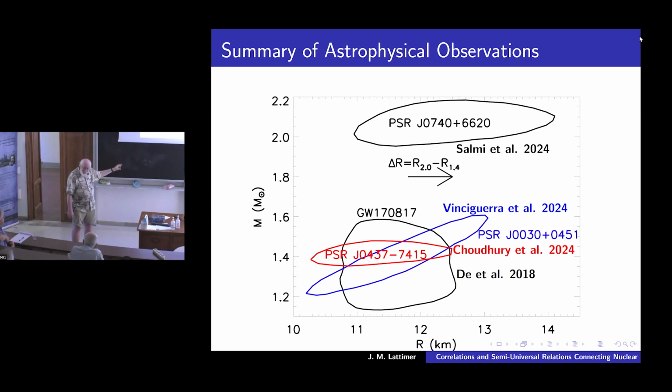And they did not impose this causality restriction in the choosing of their priors. Yes, that's right. Causality imposes a lower limit to the tidal deformability of about 90, in the capital lambda, for a 1.4 solar mass star.